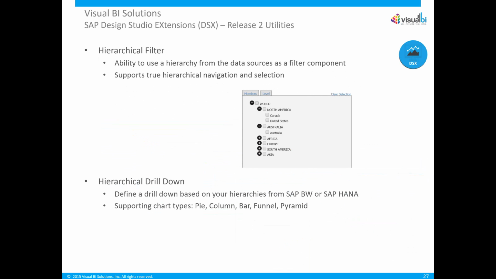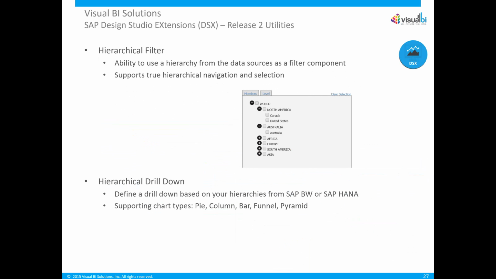One of my favorites is actually the hierarchical items we added into this release. So you can see, and I will show this in the demo as well, we added a true hierarchical filter. That's one of the key components that right now is missing in Design Studio.